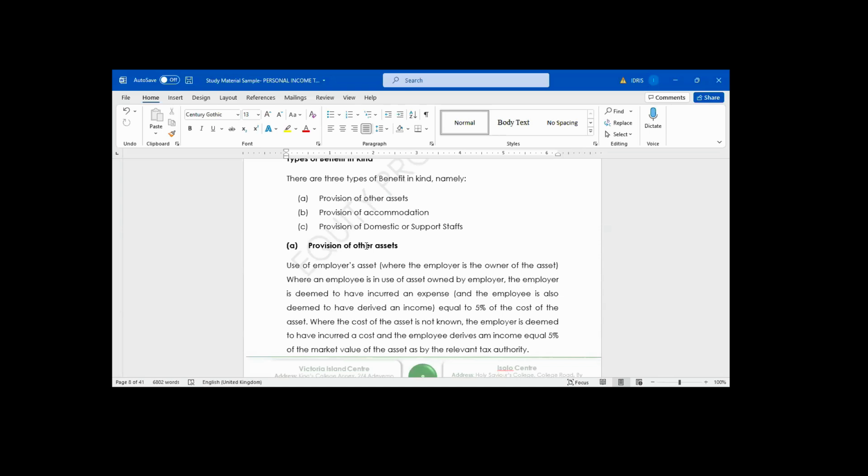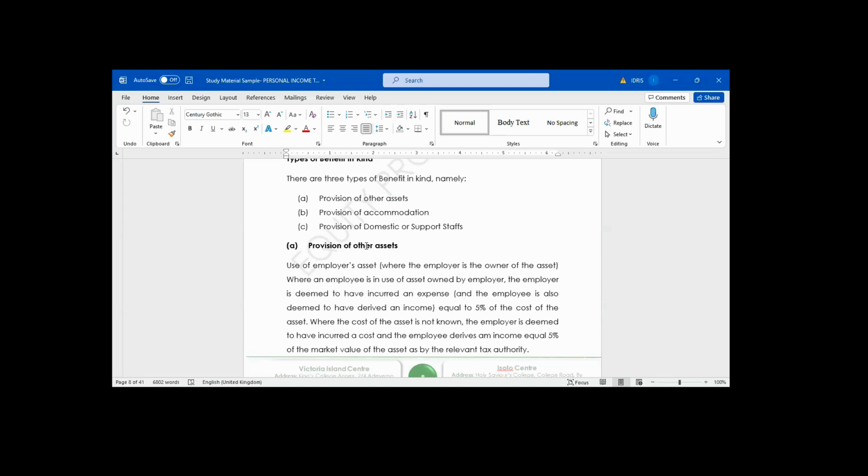Assuming your employer buys a car that is worth 20 million, and they now give you as your official car. Every year, 5% of 20 million will be recognized as benefit in kind to you, added to your income, as long as you are still using the car.